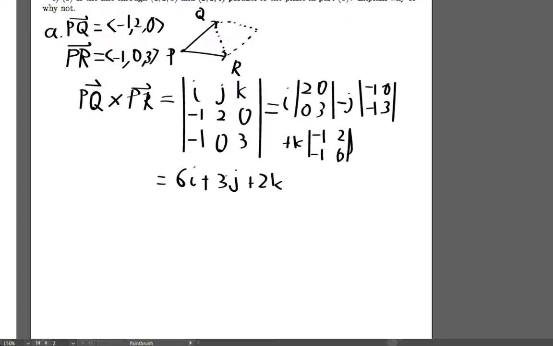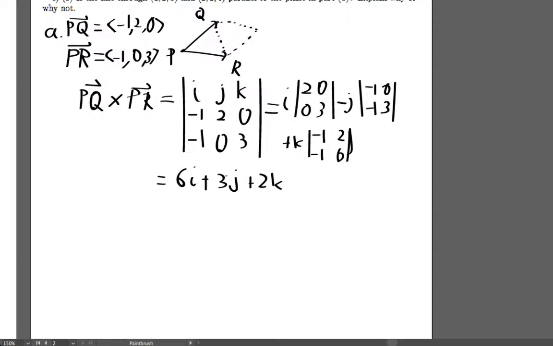And by the way, what you get here is actually a vector normal to PQ and PR, which means that it is perpendicular to them. So when you check, you can just plug the numbers in.